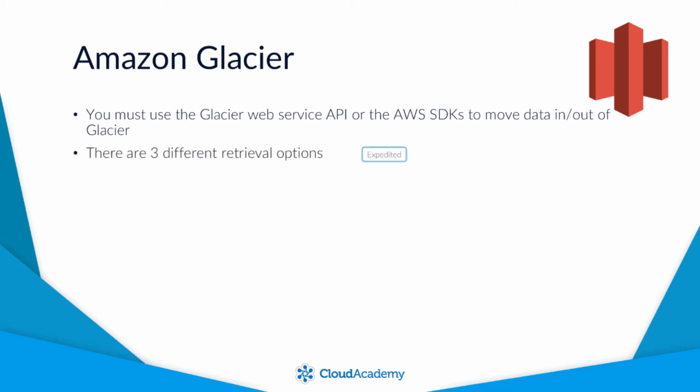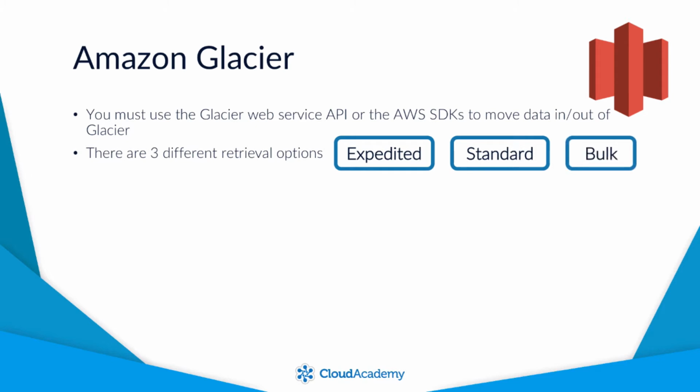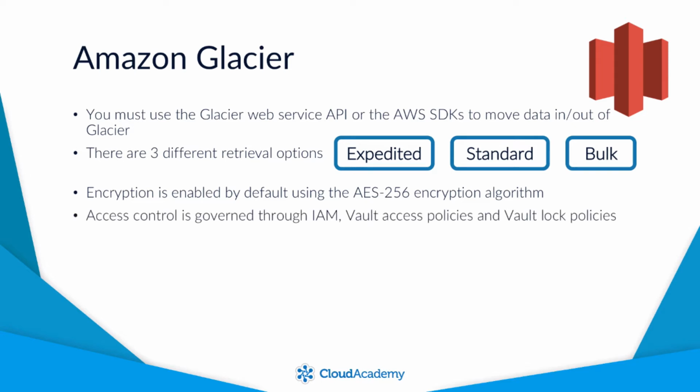There are 3 different retrieval options: expedited, standard and bulk, and data is encrypted by default using the AES 256 encryption algorithm. Access control can be governed through IAM policies, vault access policies, and vault lock policies.